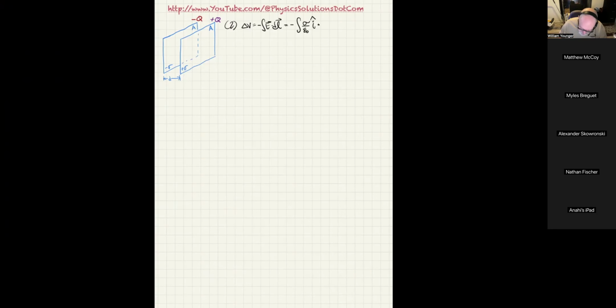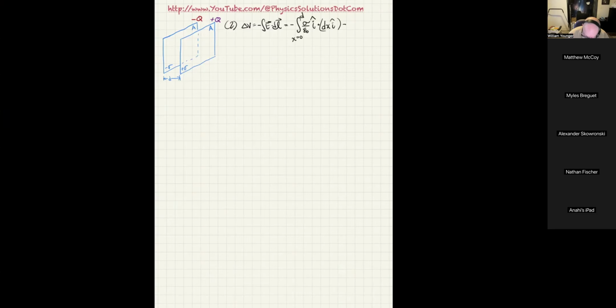I'm going to choose to use the dl to point in the direction that we're going, and that direction is the positive x direction, as you saw at the bottom of the previous page. So I'm going to say positive dx i hat is my dl. And since I've now indicated the direction with that, I just need to go in the direction of increasing x, which is from x equals 0 to x equals d.